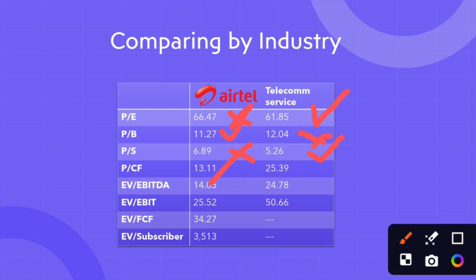In price to cash flow, both are equal. In enterprise value by EBITDA, Bharti Airtel gets 1 point, and in enterprise value by EBIT also Bharti Airtel gets 1 point and the industry gets none. Enterprise value by free cash flow and by subscribers the telecom industry did not get, but Bharti Airtel did. So Bharti Airtel got more points.